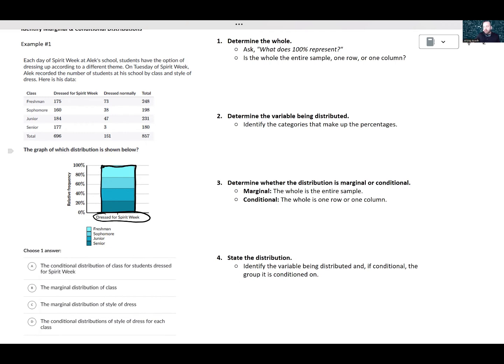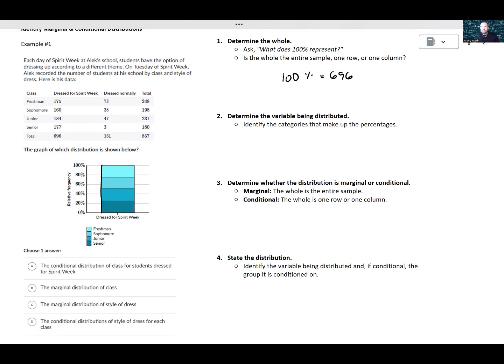And so this value, 696, is in the column for the total for the students who are dressed for Spirit Week. So we're going to write 100% equals 696. So that's our first step there.